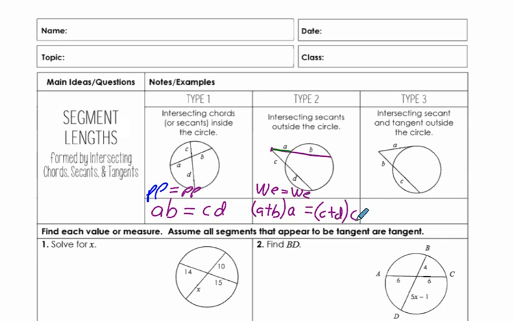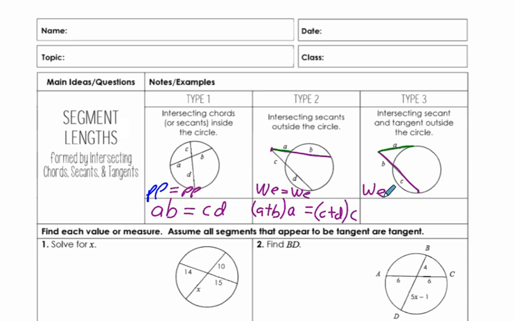Type 3, if you notice on type 3, we have a secant and a tangent. This situation is what we call the WET situation. If you look at the secant, it's still the same thing as we had in type 2: the whole line times the exterior part.